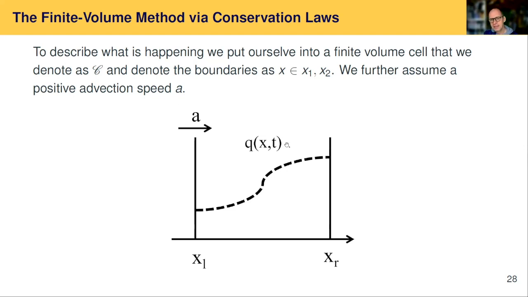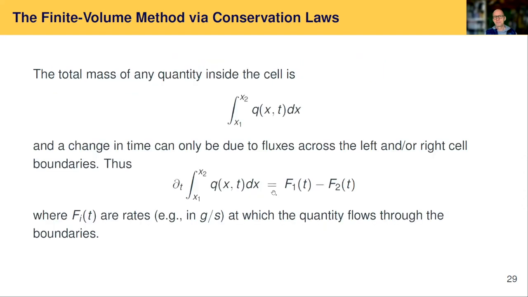And Q is the field inside. Now Q can be anything. It can be mass, it can be a displacement, it can be energy. Let's assume it is mass. What we are applying here is the conservation of mass. It can also be energy, but we're applying a conservation law.